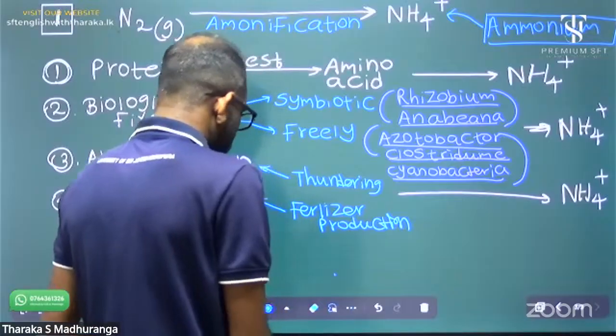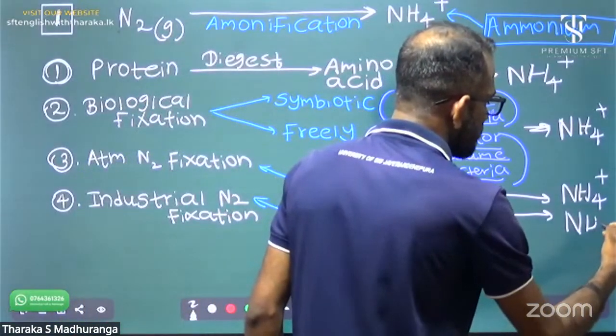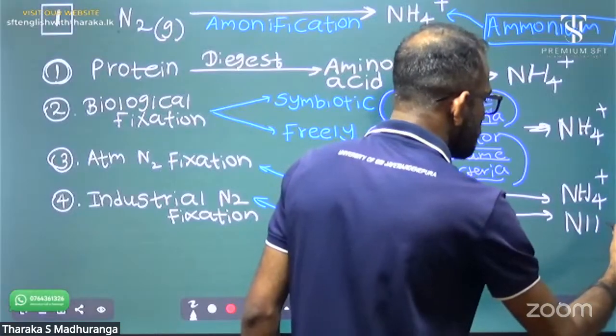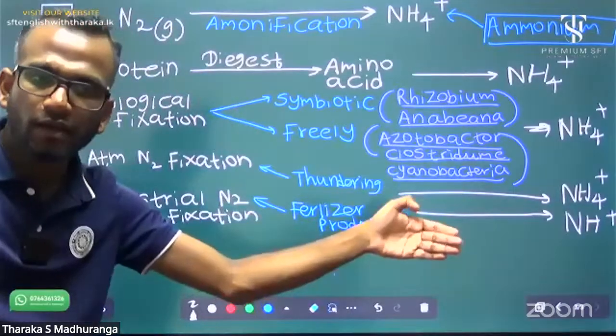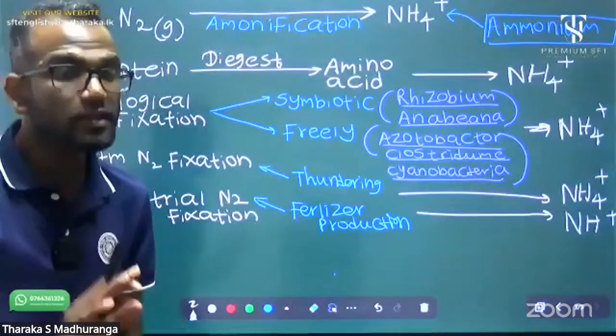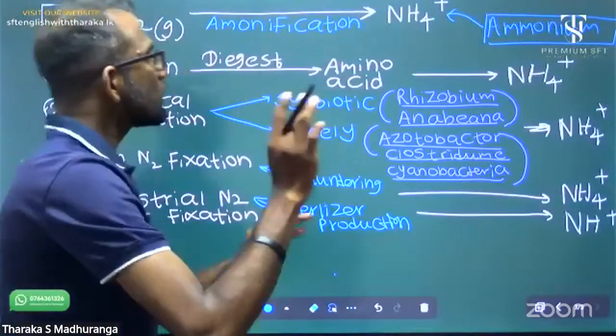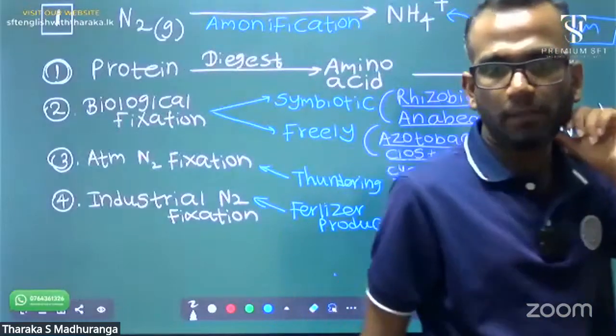When we add this fertilizer into soil, it releases ammonium ions to the soil. That is nitrogen fixation: nitrogen gas converted into ammonium ion.